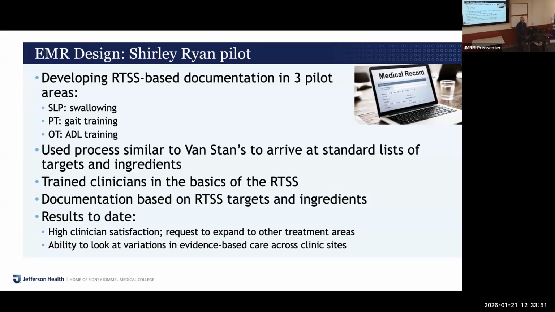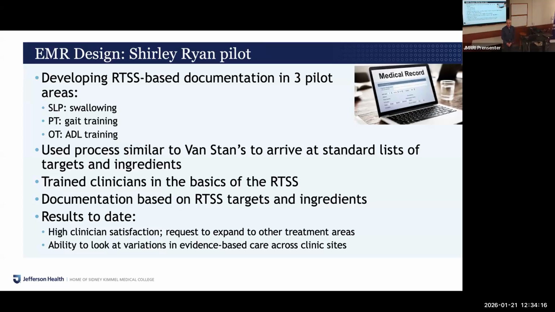And so we would love if somehow the RTSS could infuse its way into the documentation system so that we really knew what people were treating and we really knew what they were using to treat them. That's not at all the way documentation currently is; it's really focused more toward billing. I spent a lot of time doing complicated things with a needy patient, so pay me.